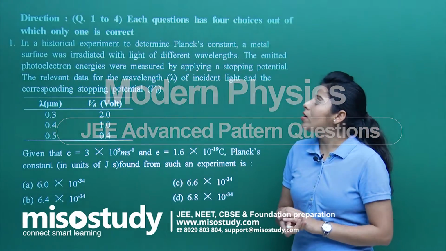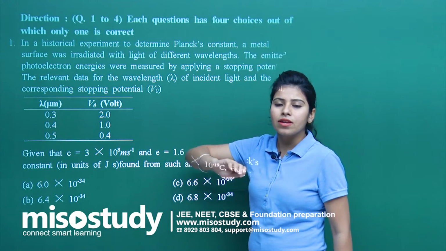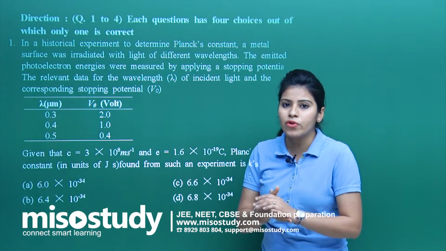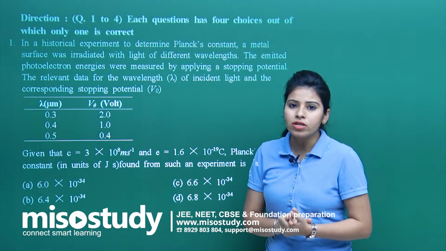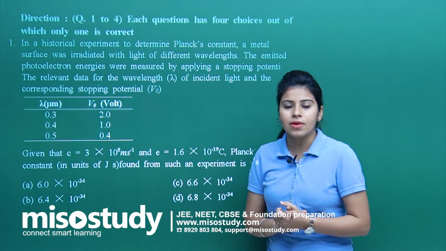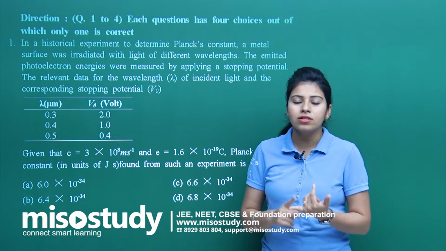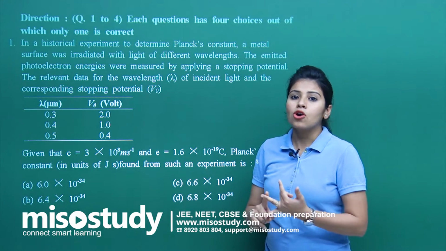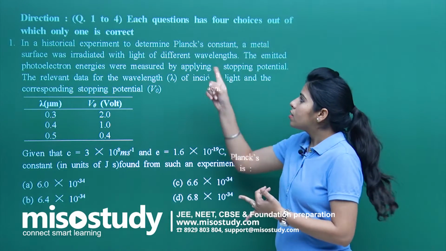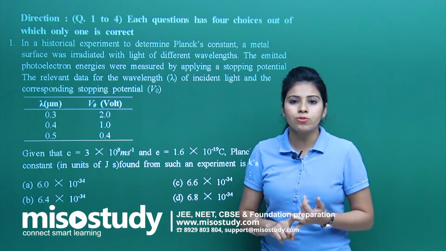Alright. So, according to question number 1, the direction has been given. Let me just introduce the exam of JEE Advanced before you. You will encounter 4 or 5 sections in your exam, in the JEE Advanced pattern. In that pattern, you are going to see match the following, true false, fill-ups, comprehension type questions, reason and assertion type questions, multiple type questions where only one option would be correct.